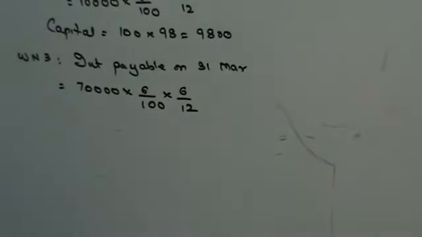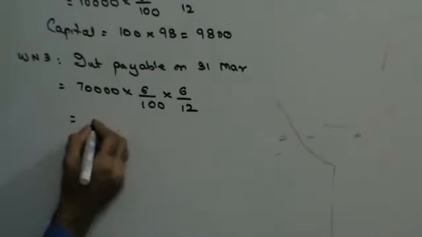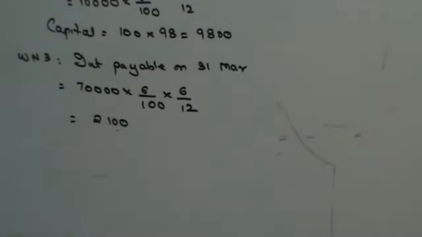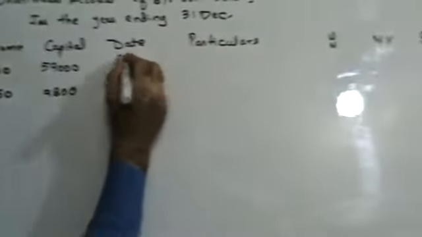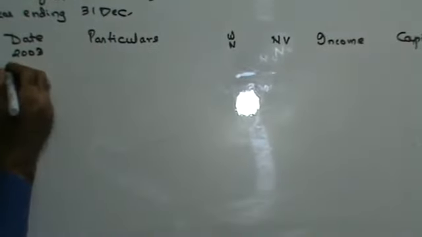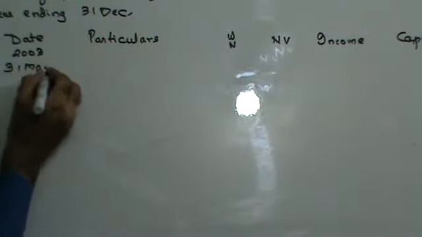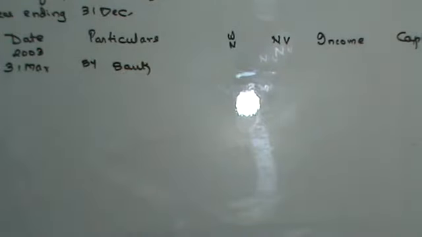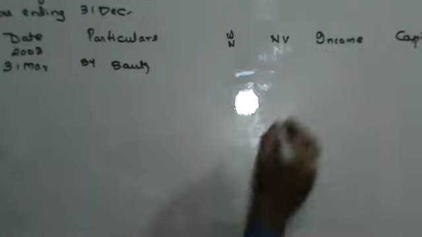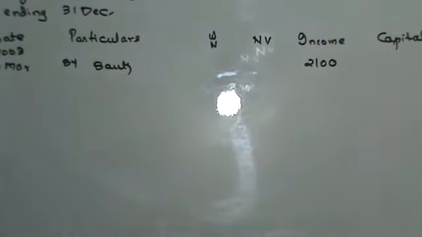Someone please help me calculate this. How much is the interest? 2,100 is the interest due on 31st March payable. This goes on the credit side, 2003, 31st March, by bank, the interest is 2,100. Fine. Let's move on ahead.